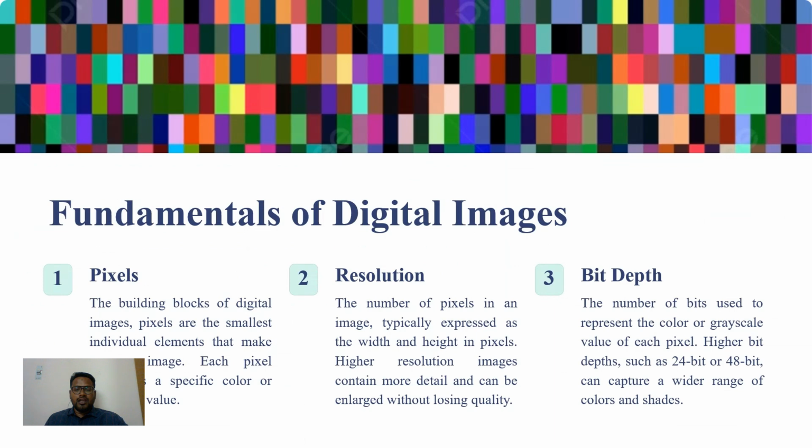Resolution is the number of pixels in an image, typically expressed as width and height. I'll note that higher resolution images have more detail. Bit depth is the number of bits used to represent the value of each pixel. I'll explain that a higher bit depth can capture a wider range of colors.